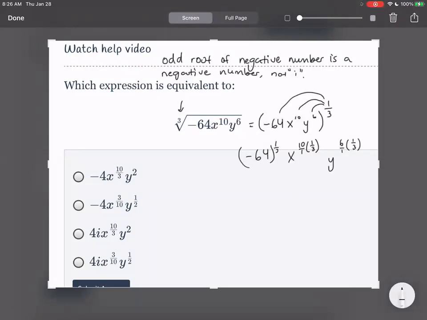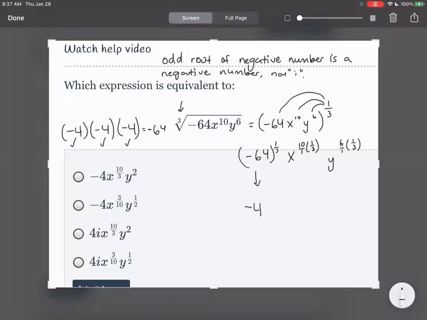And then we have negative 64 to the power of 1/3. So let me just remind you that if you do negative 4 times negative 4 times negative 4, like 3 negative 4s in a row, that would give you negative 64. So then that's why you don't need an i in here. There's no imaginary numbers necessary because just a simple old negative number, 3 of them in a row, will multiply to give you a negative number. So this will just be negative 4.